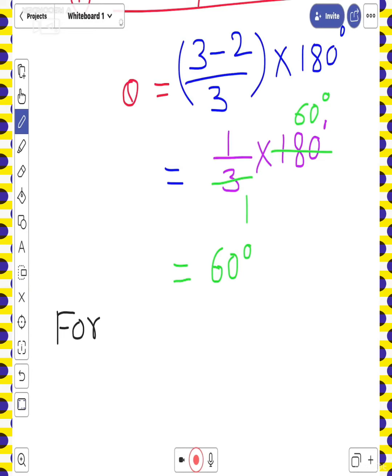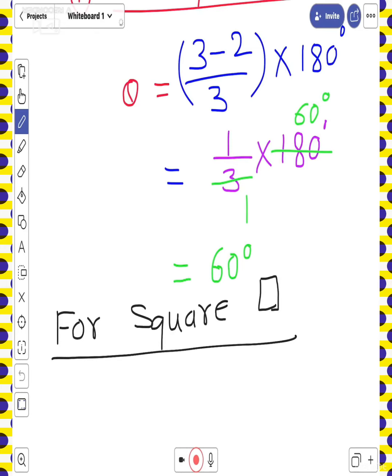Now let us take a regular quadrilateral. Regular quadrilateral means square. So dear, how many sides in this square? There are 4 sides.